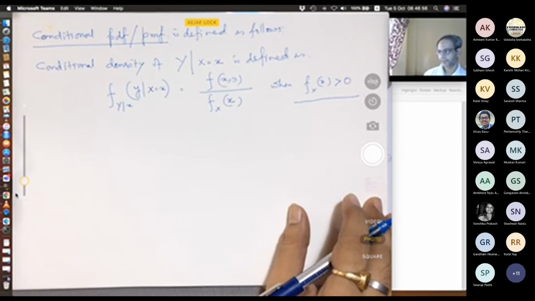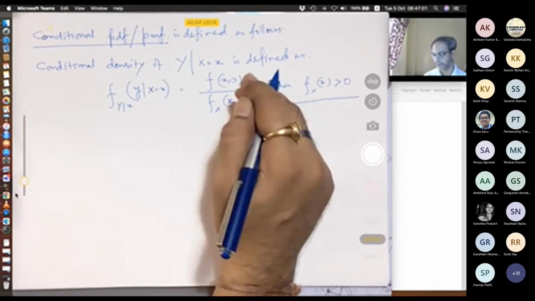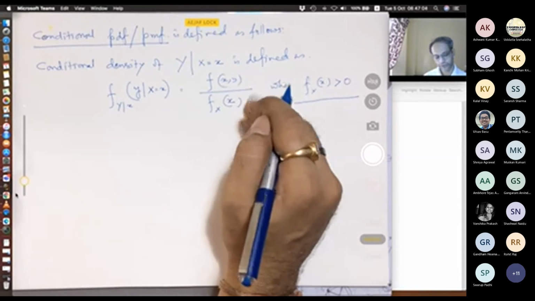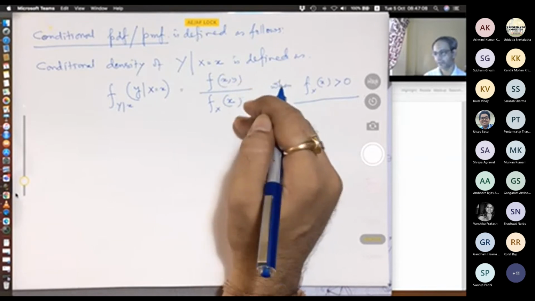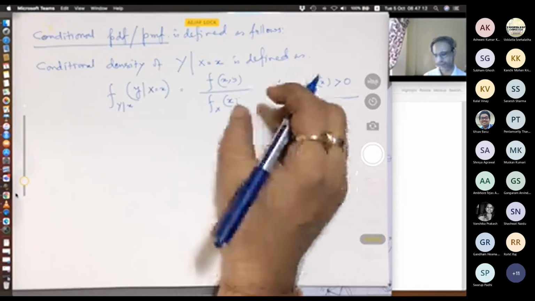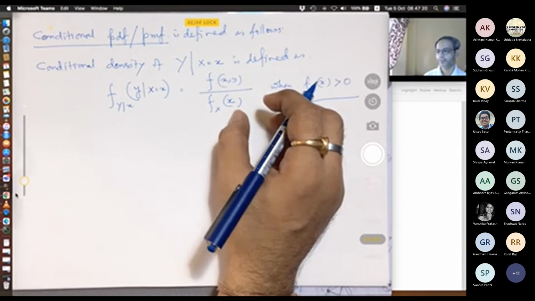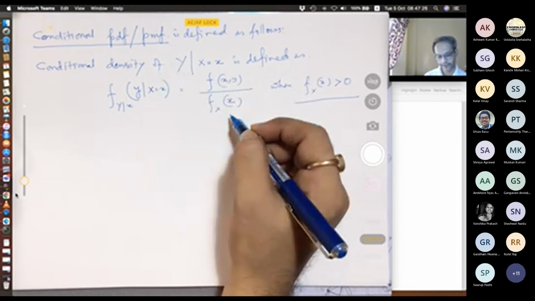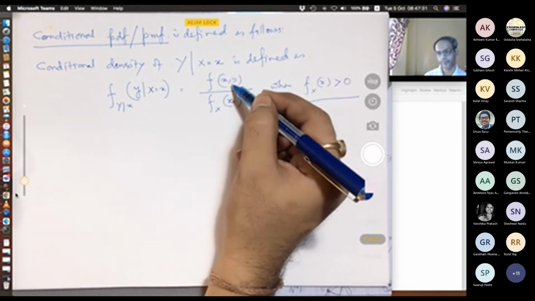You never say that this is the probability. This need not be the probability. This is the joint density, this is the marginal density, or joint PMF divided by the marginal PMF. If you are dealing with a discrete random variable or discrete random vector, then it will be probability. If you are not dealing with a discrete random variable, this will in general be the PDF. So in general, whatever we have written here is the marginal PDF or PMF, here is the joint PDF or PMF. So don't get confused that this is probability.